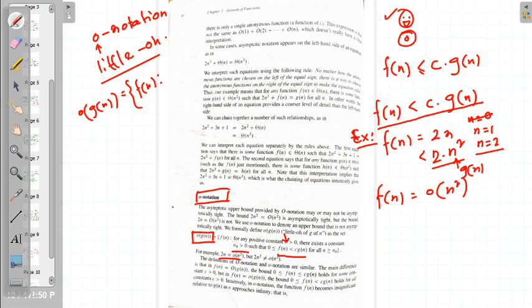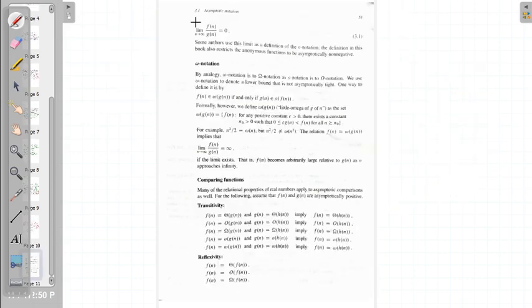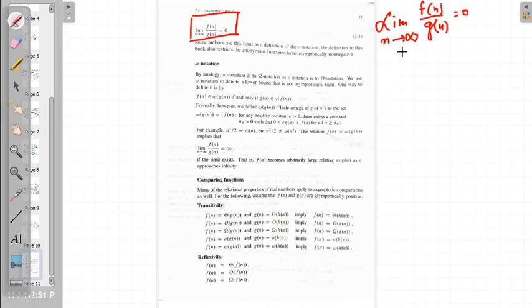There is another alternative definition for this, which is given here, taking the help of the limit. The limit as n tends to infinity of f(n) by g(n) equals 0.